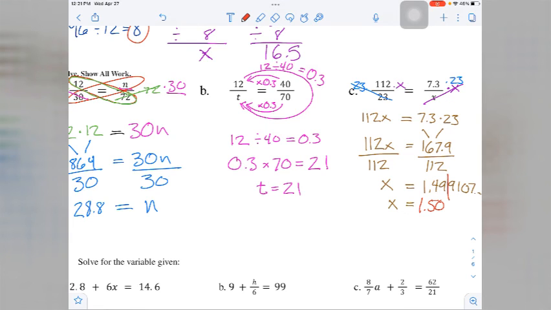And those students, if you had certain calculators and you did 7.3 divided by 112, you were getting strange numbers that were rounded to the nearest hundredth. And then when you would multiply it by 23, you would get a random number here. I think one of them was 1.61, and one of them was like 1.38 or 1.39. They were off by just a little bit, and it was because of a rounding error.